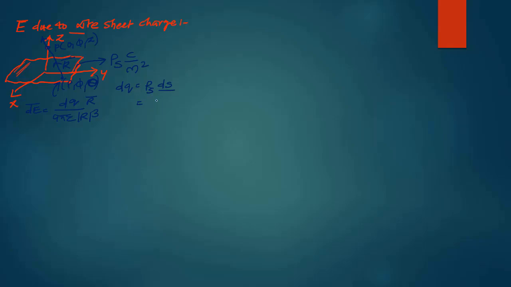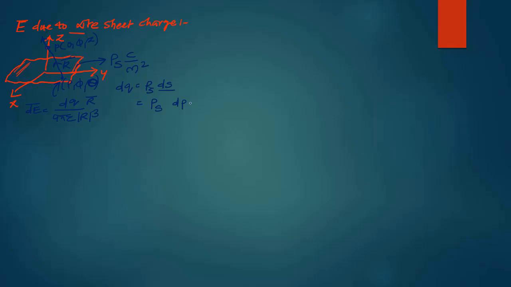But here rho s is uniform, we will consider like that. Next, ds. This infinite sheet means it is an area element. The area element ds in the cylindrical coordinate system has changes in rho and changes in phi. But when you take the changes in phi, what is that differential length?